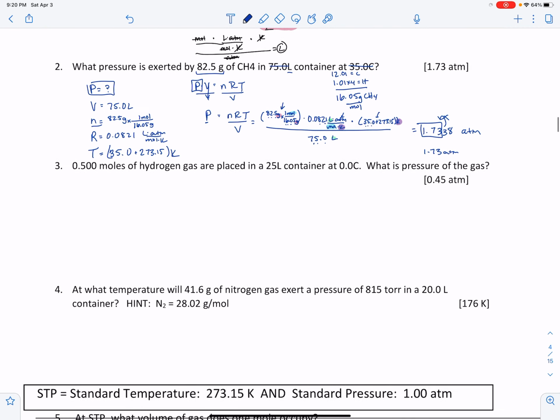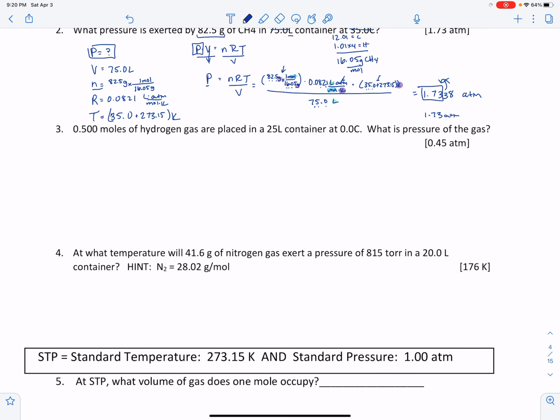And then we're going to do this one. So I have 0.5 moles of hydrogen gas in a 25-liter container at 0 C. What is the pressure? So P, that's again what I'm solving for. V equals 25 liters. N, oh, it tells me it's 0.500 moles.